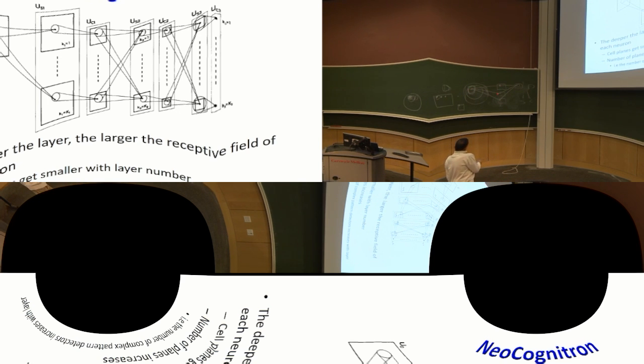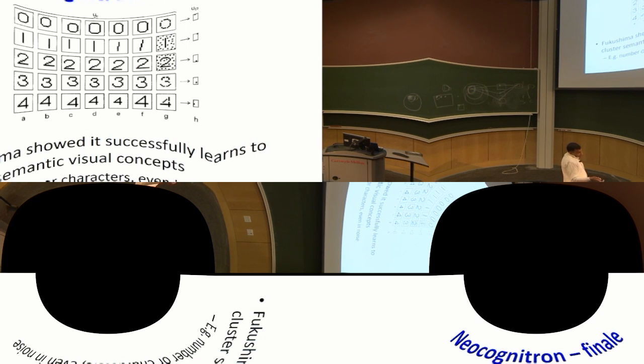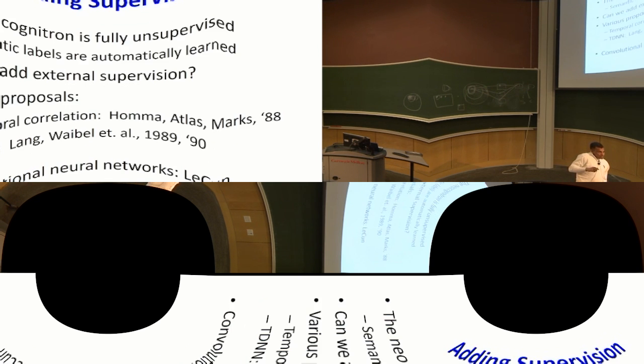Then you would see which of these things fired more strongly in response to a signal here, and you would attribute it entirely to that one unit, and then you would increase that weight. Then you'd share the same weight across all the units in this plane. So simple Hebbian learning keeps modifying the weights after presenting a sufficient number of inputs. He finds that when you look at the third layer, there's one C plane which only responds to the digit 0, another that only responds to the digit 1. It's completely unsupervised. So you don't know anything about what they're going to learn.